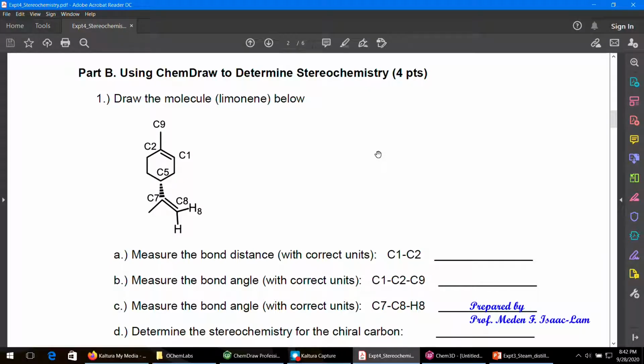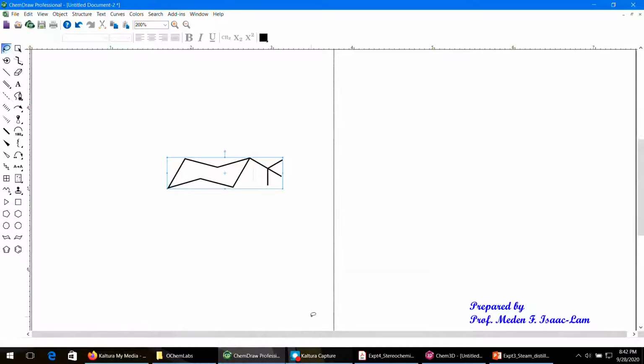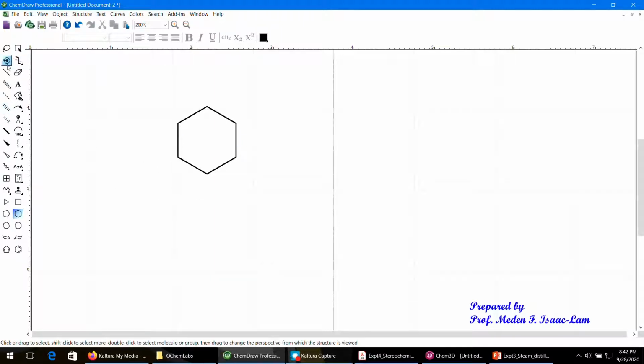Part B is using ChemDraw to determine stereochemistry of a molecule. The molecule below is limonene. So we are going to draw the structure again in ChemDraw. So we are going to delete 3-butyl cyclohexane, delete, and then we are now going to build the molecule using cyclohexane, and then we are going to put a double bond.